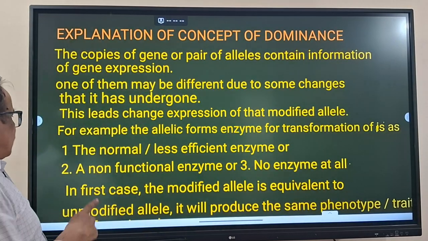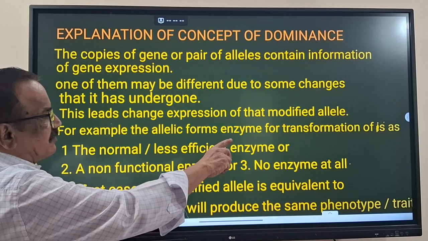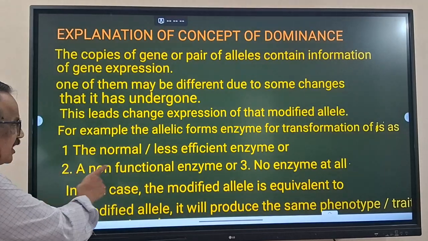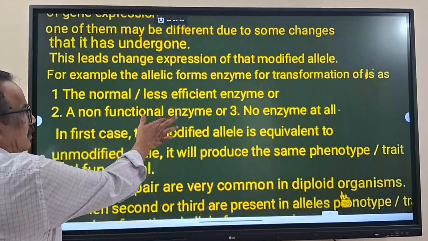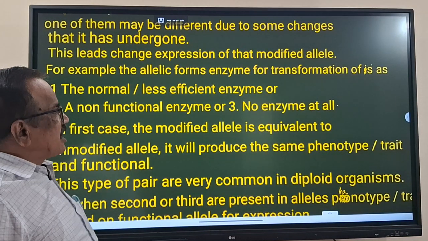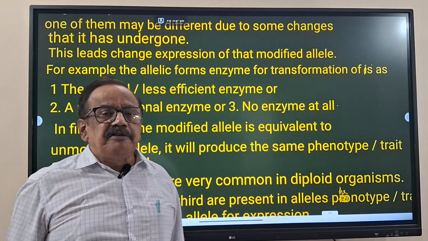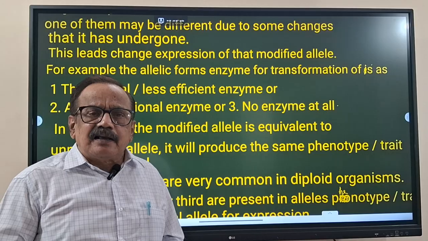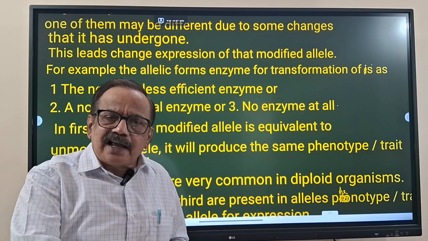Now you see here, for example, the allele forms an enzyme for transformation of the substrate, as in three characters. First one, a normal or less efficient enzyme. Means the gene expresses its character by producing the enzyme.